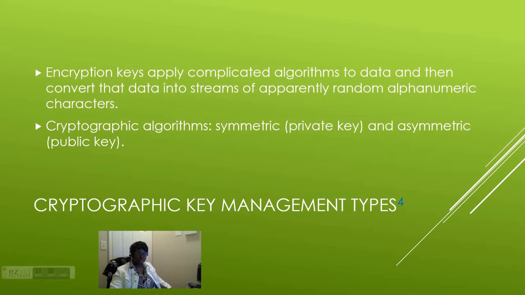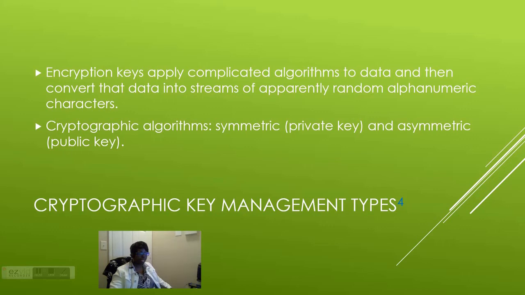Cryptographic key management types. Encryption keys apply complicated algorithms to data and then convert that data into streams of apparently random alphanumeric characters. There are two types of cryptographic algorithms: symmetric, otherwise known as private key, and asymmetric, otherwise known as public key.